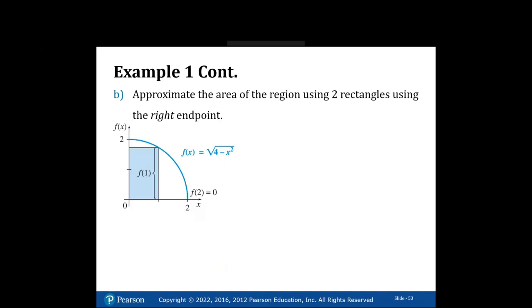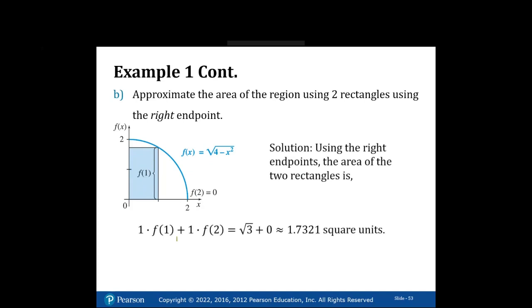Now we can approximate the same thing, but instead I'm using the right endpoint. And notice when I pick the right endpoint for two rectangles, the first rectangle is f of 1, but the second rectangle is f of 2, and f of 2 is 0. So really, I'm only taking the area of this blue spot here, which is much less than the real area.